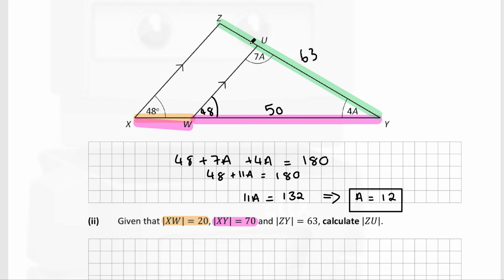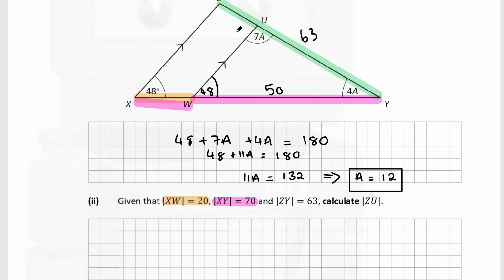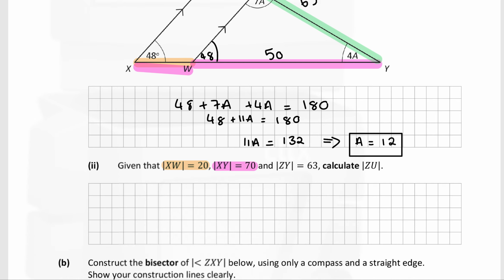It's a little bit of a tricky question, but really, I just need to look at the two triangles that I'm dealing with. So I've got this one with the big green line coming down here, and I've got the pink line going the whole way across, and then I've got this guy here.